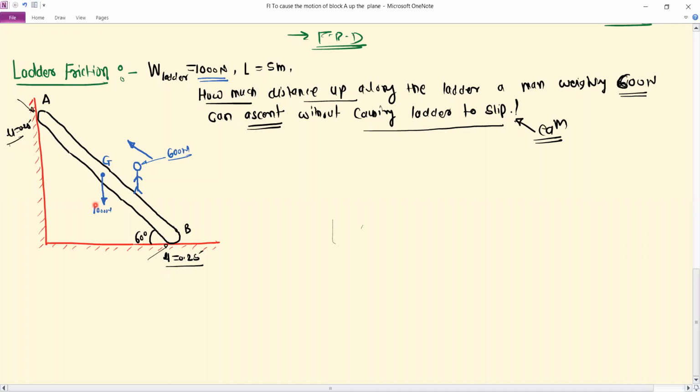Now just imagine if the ladder starts to slip, then it will take a position after its rotation like this. It will change this angle of 60 degrees.